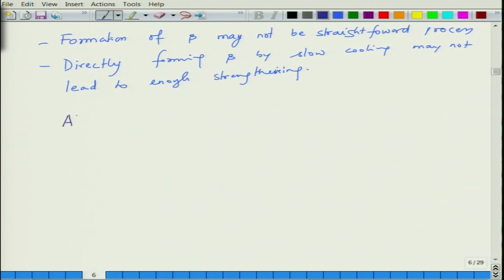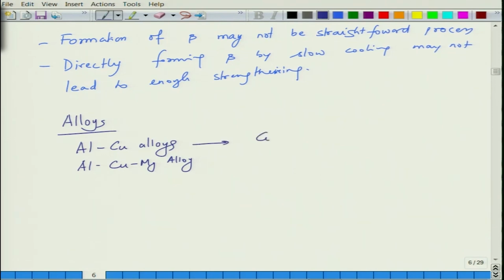So we have alloys such as aluminum copper alloys. You can have aluminum copper magnesium alloys, in which you form precipitates of basically CuAl2 precipitates, or you can have Al2CuMg precipitates in these.